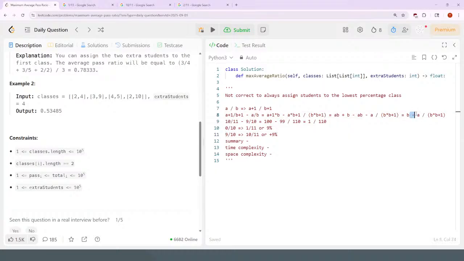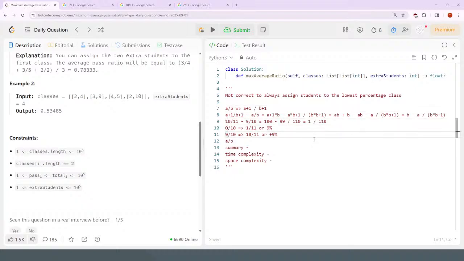So if this is A over B, this is A over B to A plus 1 over B plus 1. B minus A over B times B plus 1.